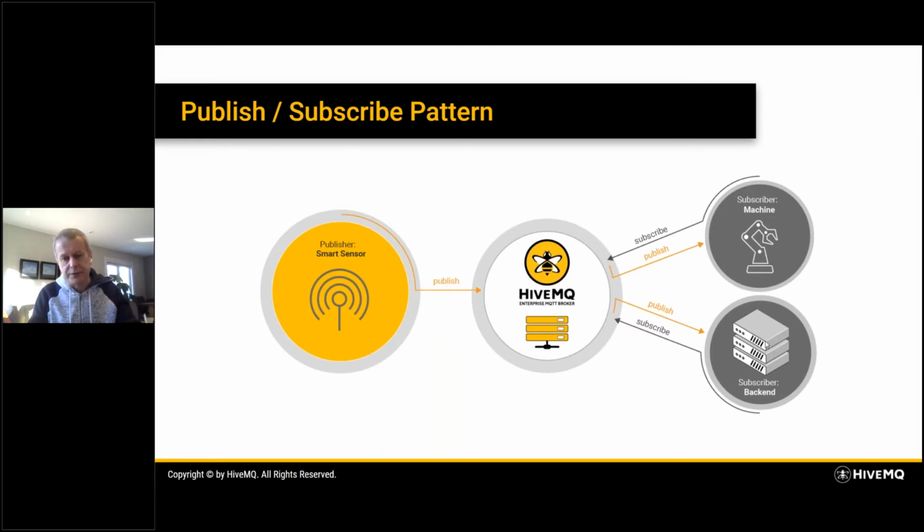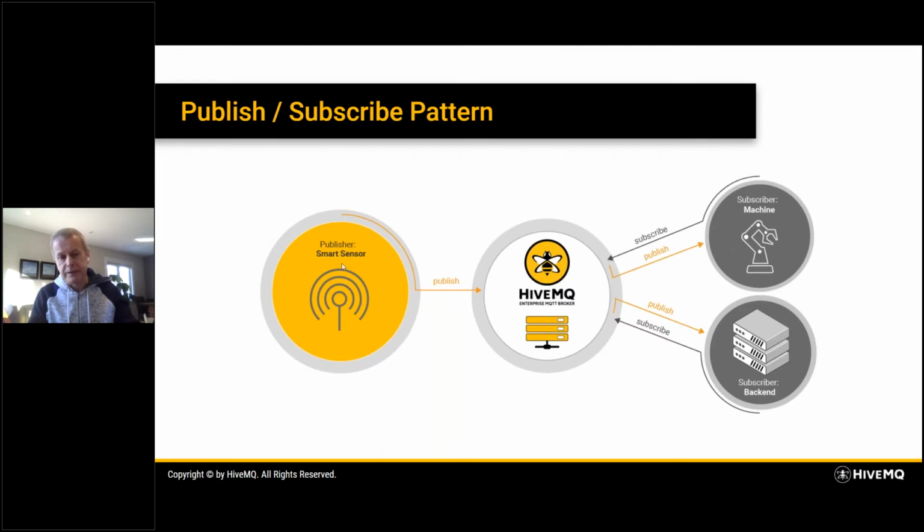There are also a number of different clients that want access to that information. So they would subscribe to all messages of temperature. And when a temperature message is published, the subscribing clients would receive that message from the broker, right?